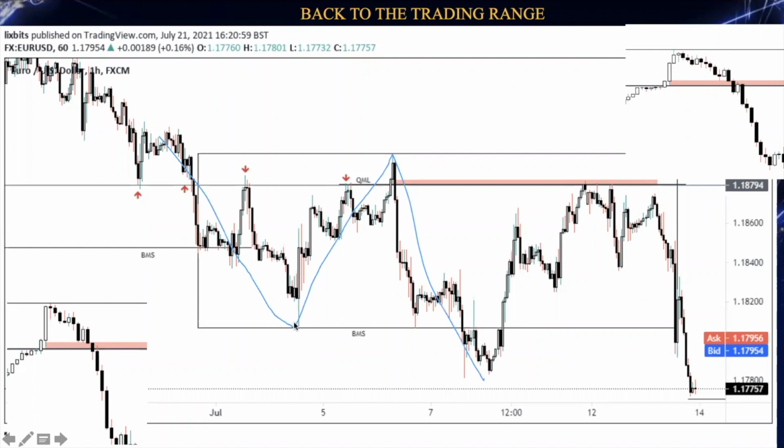This pullback goes high, low, high, low, high, and then drops. When price is coming back, if you are able to confirm this Quasimodo, this is the area I'm going to take the trade, and your target will be this low. If you already know Quasimodo, this is just to tell you why we are so particular about the trading range. Sometimes you look at the trading range to give you the decision point.